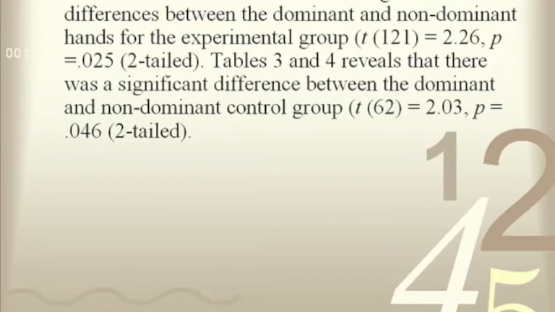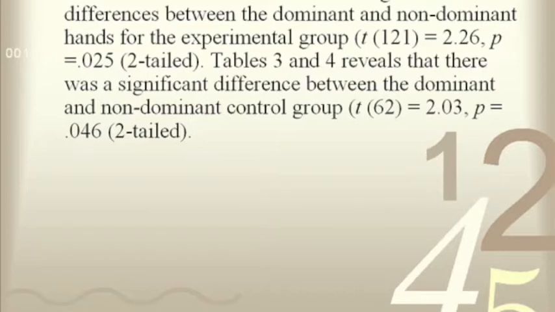Okay, so tables 3 and 4, which are the descriptive statistics, reveal that there was a significant difference between the dominant and the non-dominant hand for the experimental group, and the t is a statistical test. Tables 3 and 4 reveal that there was a significant difference between the dominant and the non-dominant and control group.